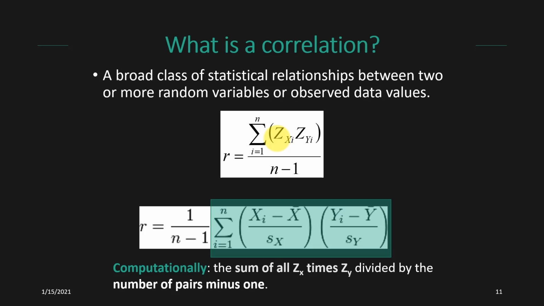When things are positively related, you'd have a positive z-score on x being multiplied by a positive z-score on y. When things are negatively related, as in our VO2 max example, someone who is well above the mean on VO2 max is going to have a positive z-score, but they're going to be much faster than the average person. So their 800 meter time is going to be below the mean, and they'll have a negative z-score.